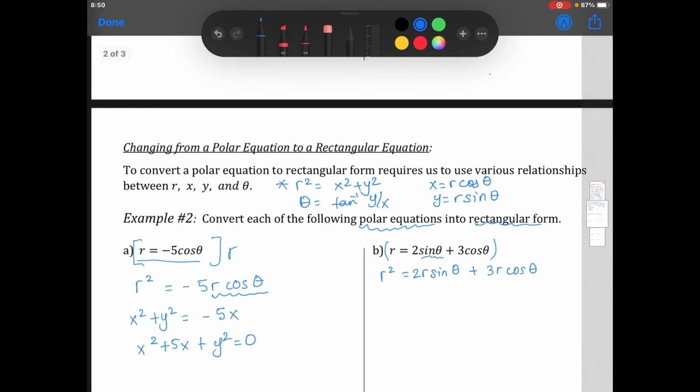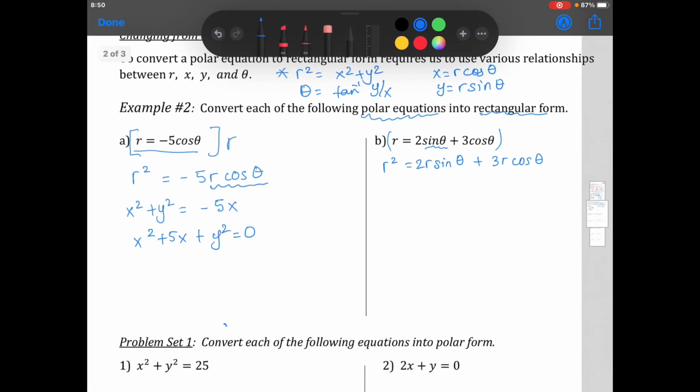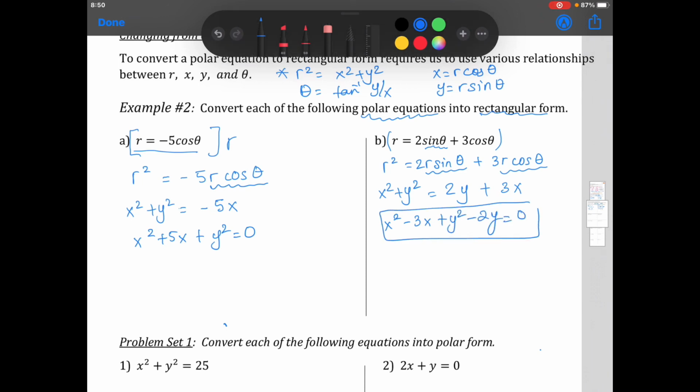Once you know this, you can just substitute with x's and y's. So r squared is x squared plus y squared equals 2 times y plus r cosine theta, which is 3 times x. Move everything over to get x squared minus 3x plus y squared minus 2y equals 0. And that is your equation in rectangular form.